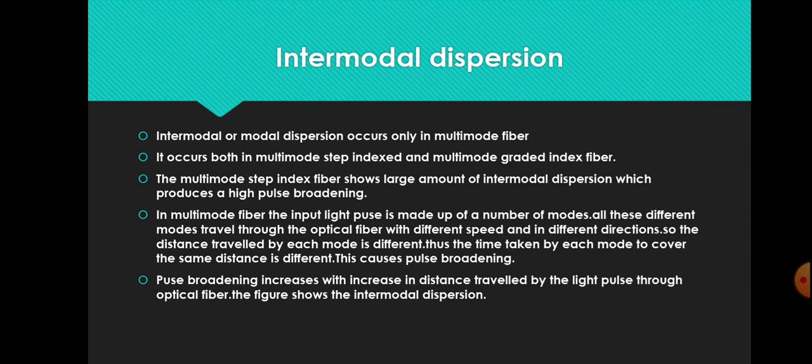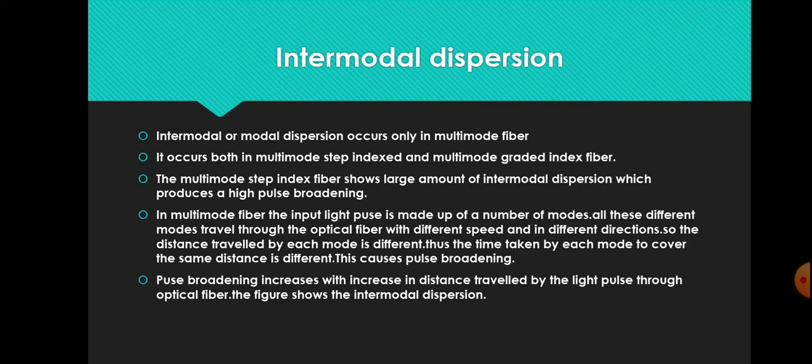So, intermodal dispersion occurs in multimode step index as well as multimode graded index fiber, but its dispersion effect is maximum in the case of multimode step index fiber. So, the multimode step index fiber shows a large amount of intermodal dispersion and that produces high pulse broadening. We know that the effect of dispersion is that it will produce pulse broadening at the output.